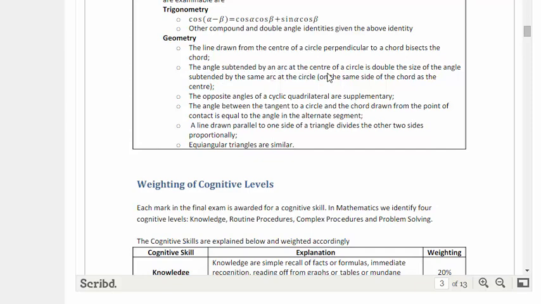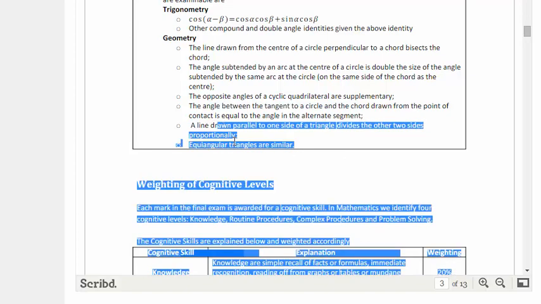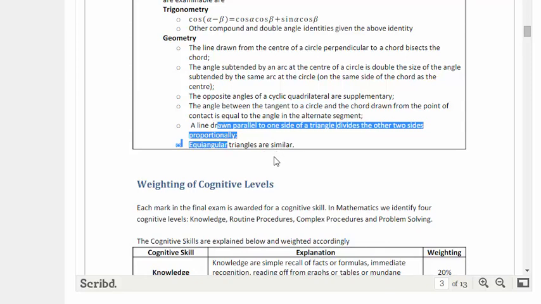The angle subtended by an arc at the center is double the size of the angle at the circumference. The opposite angles of a cyclic quadrilateral are supplementary. The angle between the tangent to a circle and the chord drawn from the point of contact is equal to the angle in the alternate segment. That was the one I just did before. And then these are the two grade 12 proofs that you have to know.